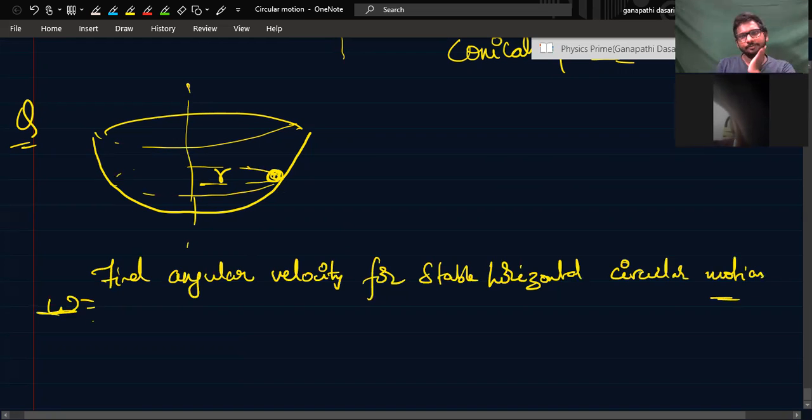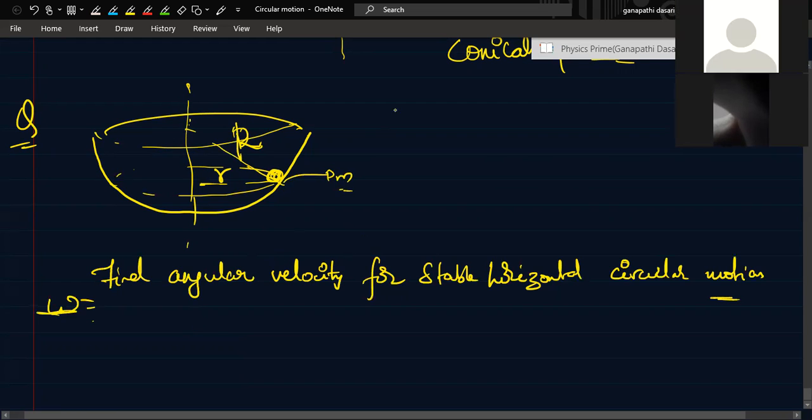The radius of this hemisphere is capital R, and the mass of this blob is m. So you can try solving this.